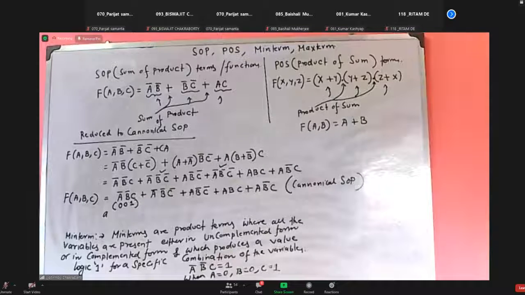স্যার, ABC টা বলুন তো একবার। ABC কখন 1 হয় বলো? যখন A equals 1, B equals 1, C equals 1. তো বাস এই, ঠিক আছে?